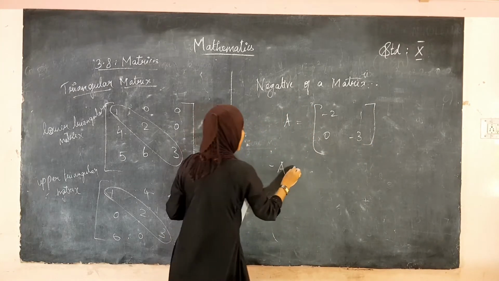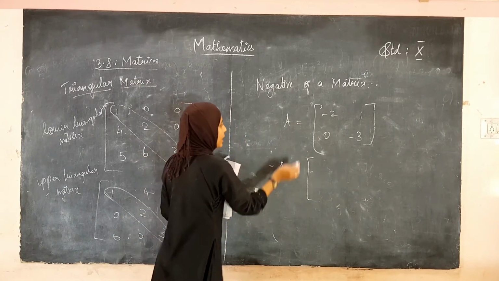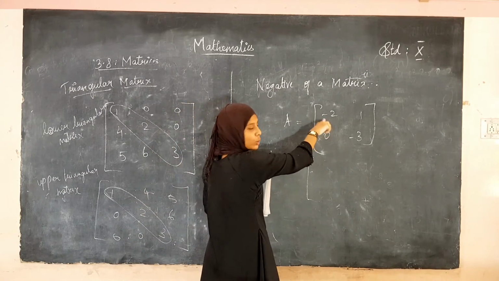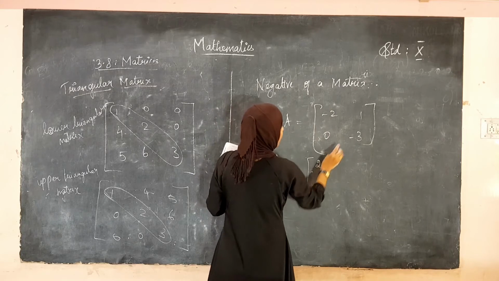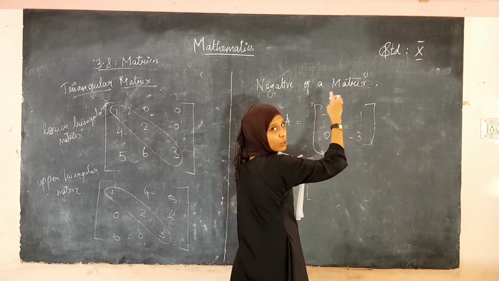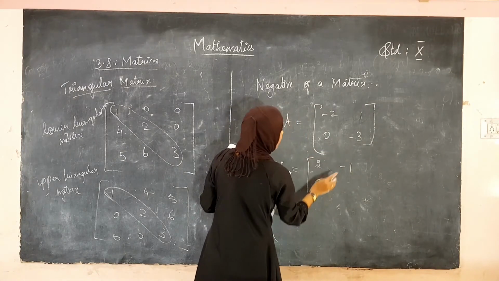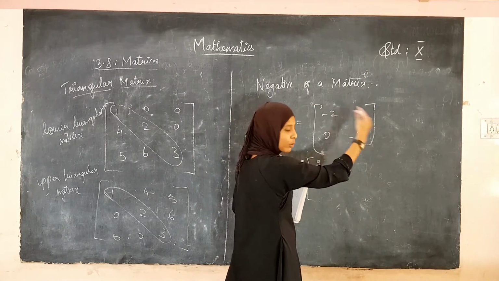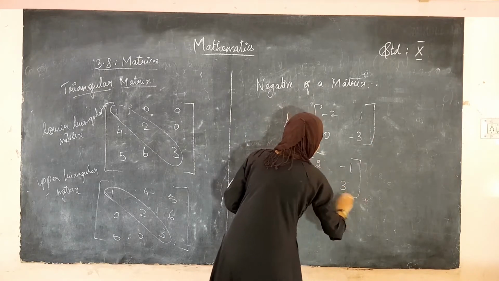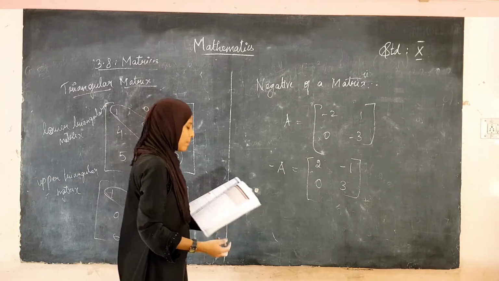We have to multiply the minus with all the terms here. Already it is minus 2, so minus of minus 2 is 2. Here we have 1, minus of 1 is minus 1. Here we have 0, so it becomes 0. Here we have minus 3, minus of minus 3 is 3. This is the negative of the matrix A, minus A.